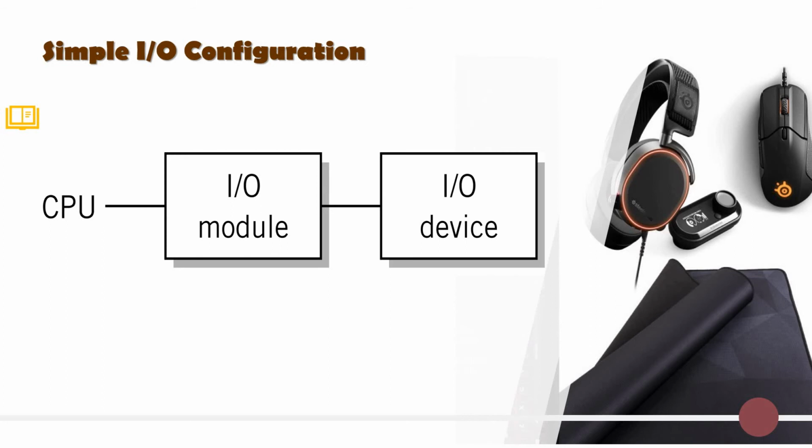The I/O module will contain the specialized hardware circuits necessary to meet all the I/O requirements that we established, including block transfer capability with appropriate buffering and a standardized, simple interface to the CPU. At the other interface, the I/O module will have the capability to control the specific device or devices for which it is designed. The simplest arrangement is shown in this figure.